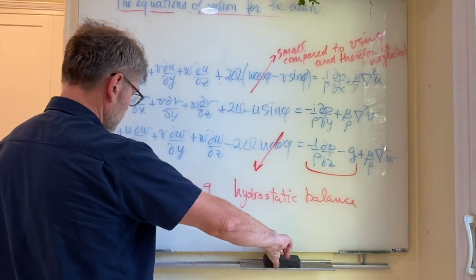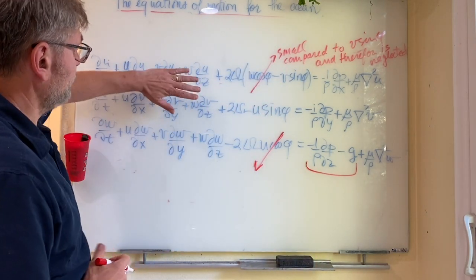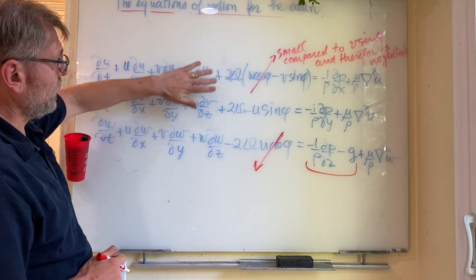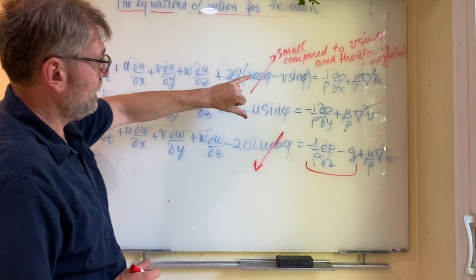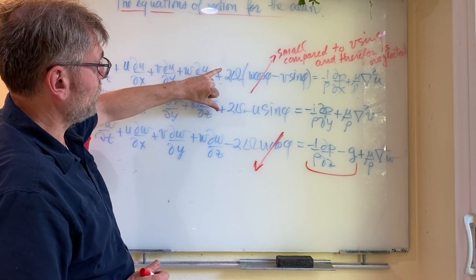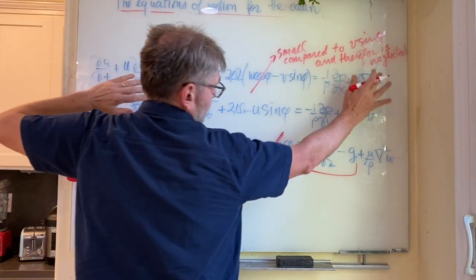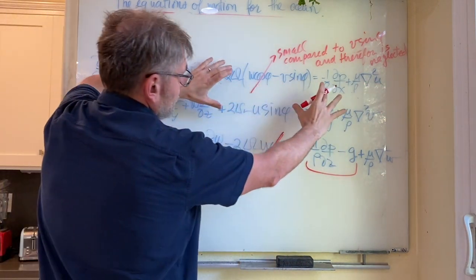Other interesting balances we have in these equations are in the horizontal equations. If the acceleration terms are small and we're left with the Coriolis forces balancing the pressure forces, then we have what's called the geostrophic balance. So if friction is small and the accelerations are small, then what we have is the geostrophic balance.